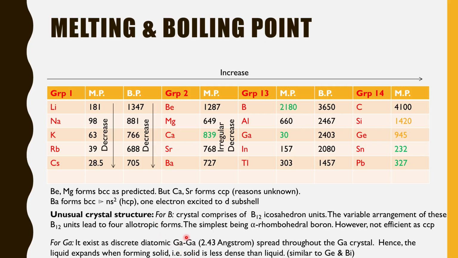So most of the time what you will find is that the crystal is arranged in a diatomic way. So you will find that discrete diatomic gallium units are spread throughout the gallium crystal.